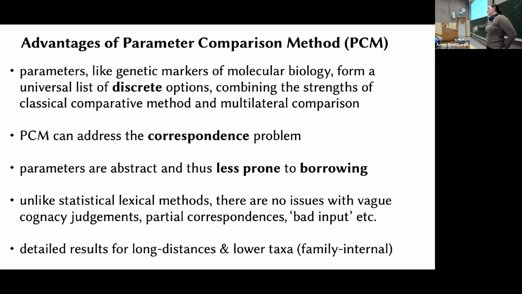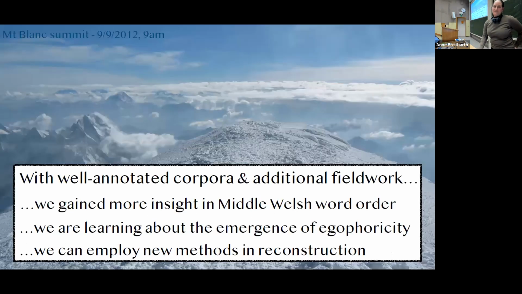So maybe at some point we will be able to say something about, let's say, things that go further back than Proto-Indo-European. So with well-annotated corpora and additional fieldwork, I hope that we gain more insight in Middle Welsh word order, for one thing, just one particular language.